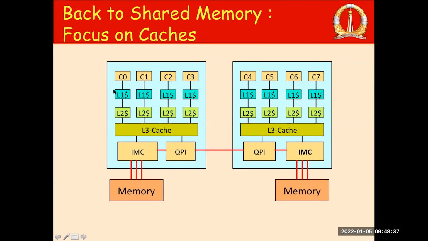These private caches are going to cause a problem, which we refer to as the cache coherence problem. This exists irrespective of whether you have centralized or distributed shared memory. For example, the L1 and L2 caches in all of these cores are one source of a cache coherence problem.